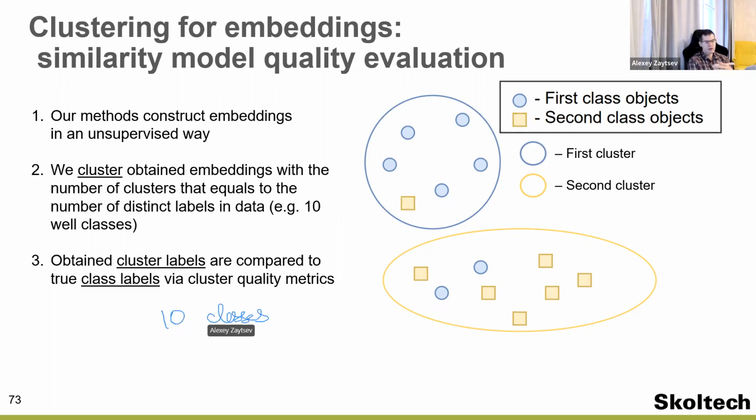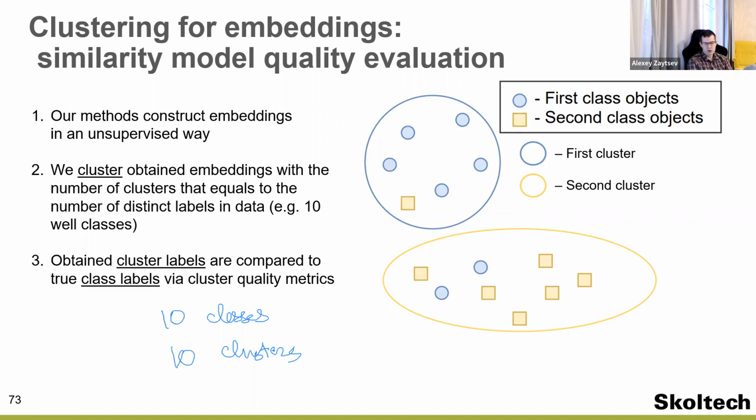And also we have embeddings of wells or intervals. We can try to cluster them into 10 clusters. And we can try to find correspondence between our clustering, so labels we have for our intervals or wells, and our classes labeled by the expert.